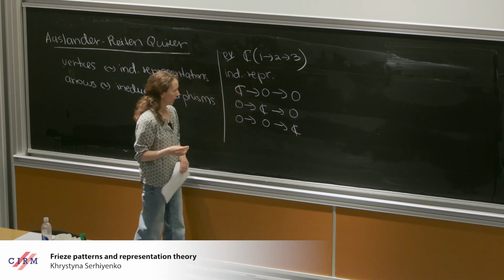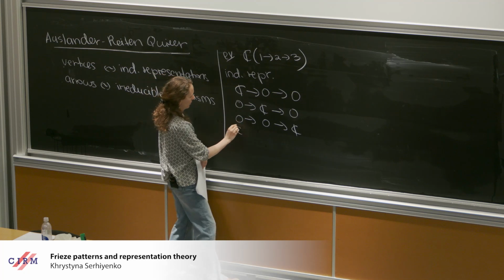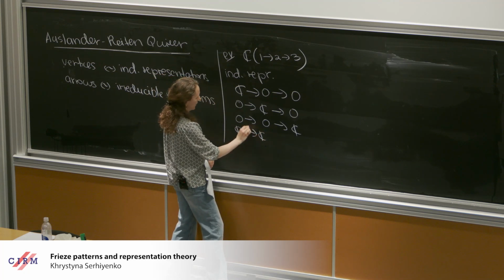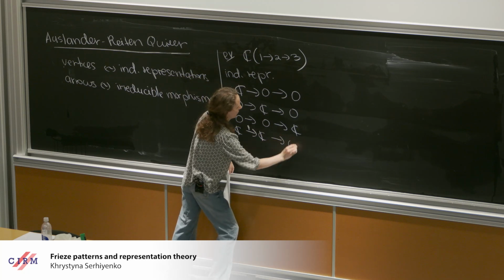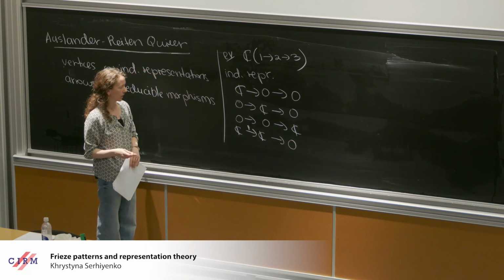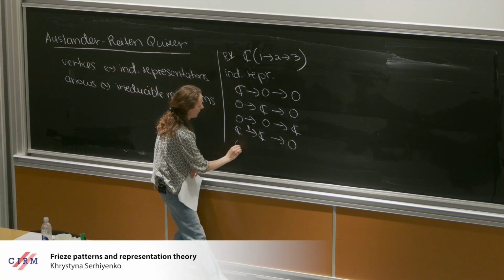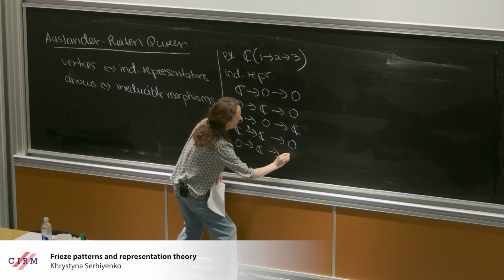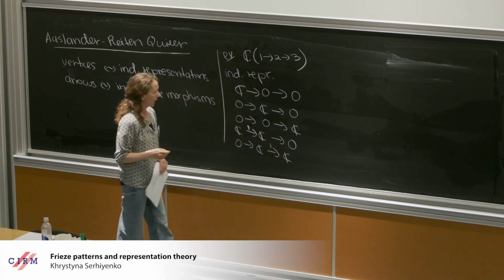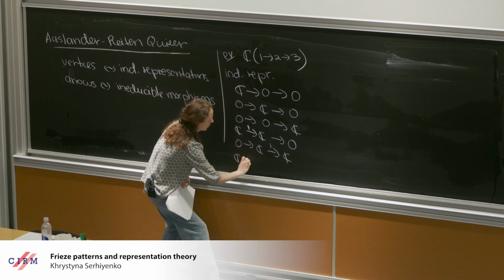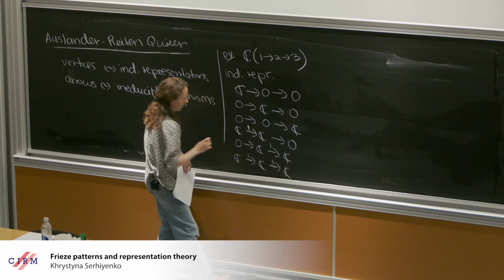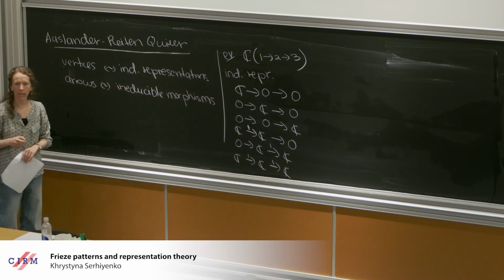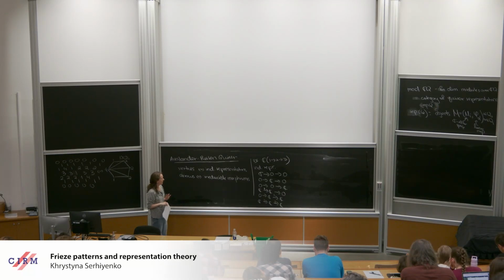And then you can convince yourselves that if I just put copies of C at the neighboring vertices, put the identity between them, these are also indecomposable. And the last one is I just put copies everywhere, and here I have identities. Okay, so it turns out these are all. So there are just 6 indecomposable representations for this quiver.